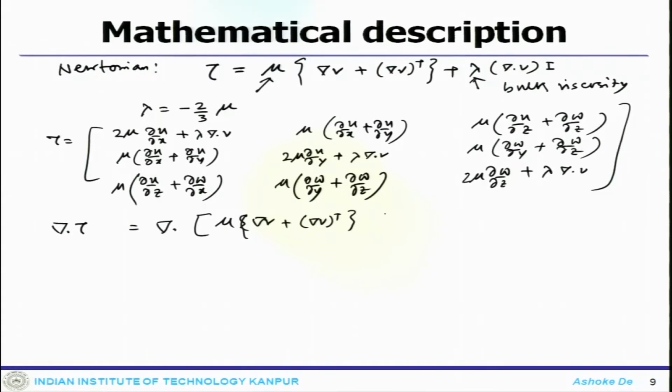plus transpose, plus del lambda del dot V. Okay.